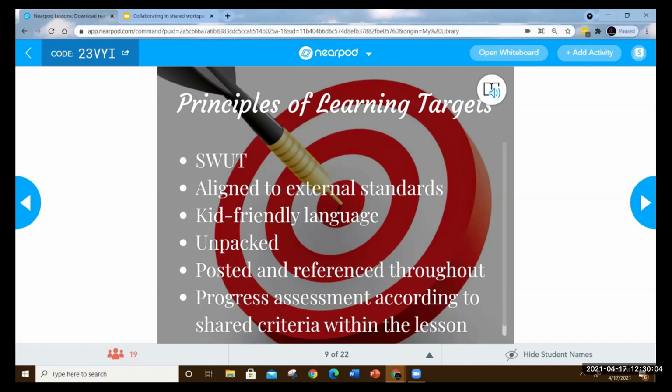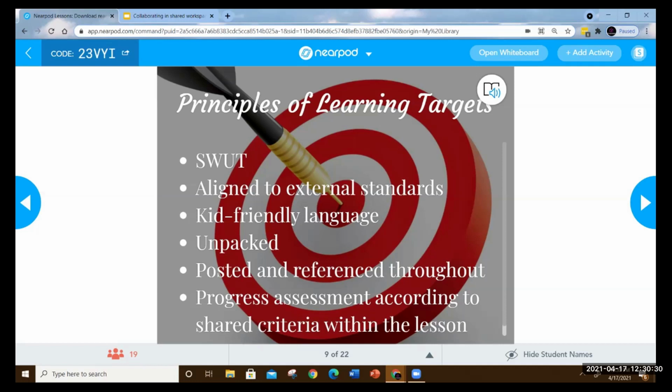You post a learning target in your Zoom at the beginning of class. The first thing you put up, before you go into your curriculum and what you're teaching, before you go into your lesson, you are posting that target and you are unpacking it with them. And you're going to want to reference it throughout.